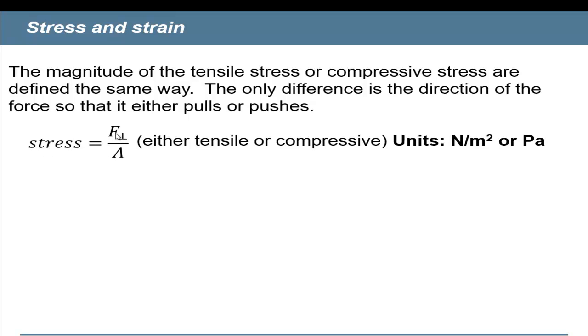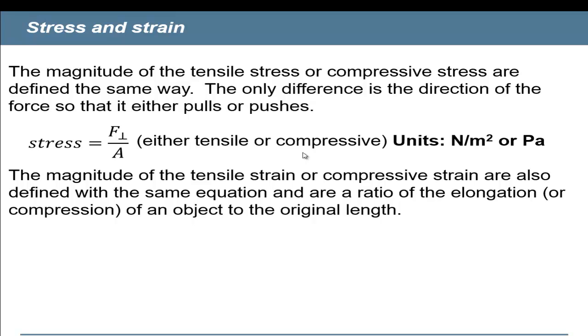So the stress is the perpendicular force divided by that area that it acts on, and that's the definition of the stress. The units for it are newtons per meter squared, or pascals, and this works for either tensile or compressive. And since you really have two directions for both of them, we don't really give stress a direction.